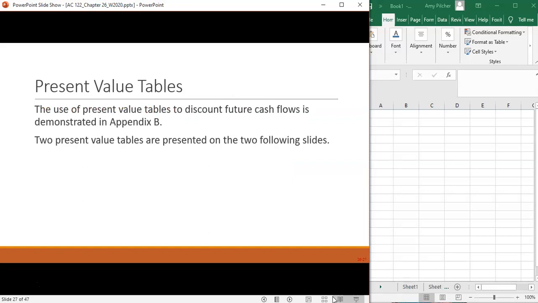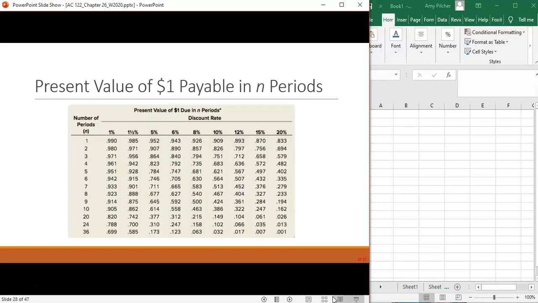You have present value tables in your textbooks. There are examples on the slides. You can also look up present value online, or there are present value calculators. When we're looking at this present value table, we have the present value of a dollar.